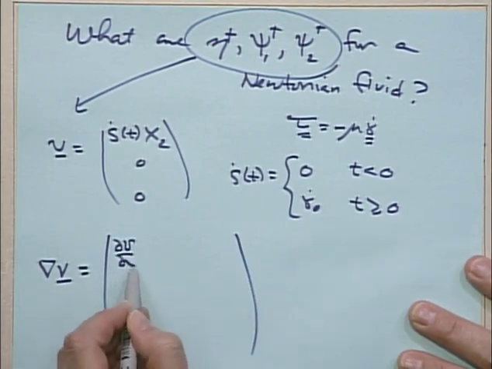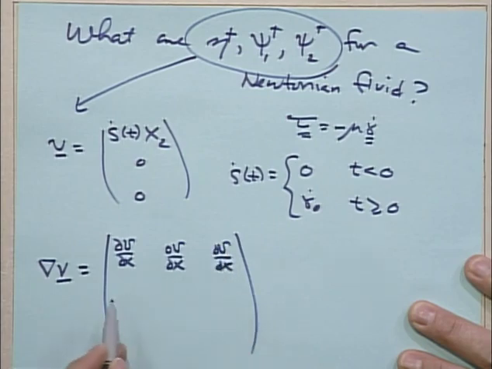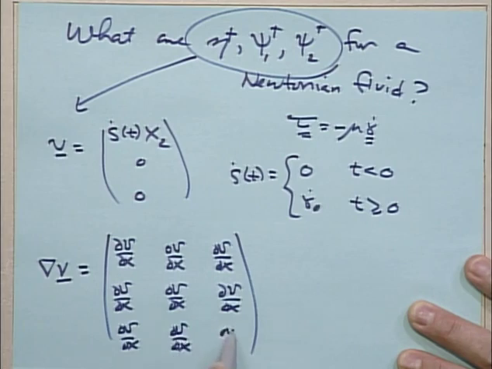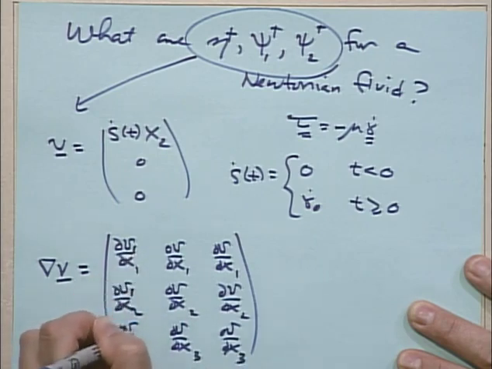It's dV dx, dV dx, dV dx, dV dx, dV dx, etc., 9 times. The derivatives go across the rows. The velocities go down the columns.